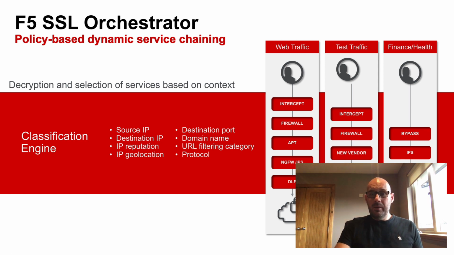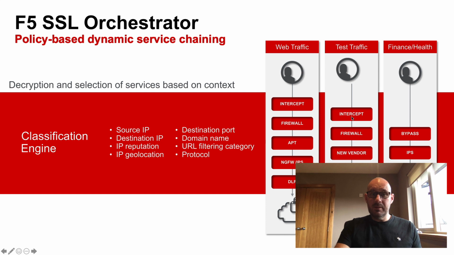Now, a more interesting case is the test traffic example I have here, where we may want to look at an upgraded version of an existing solution, or maybe a new vendor solution, as I have in this example. So again, the test traffic could be a test team for a proof of concept. It could be the IT team that you're using here. So we can identify traffic from the IT team, for example.